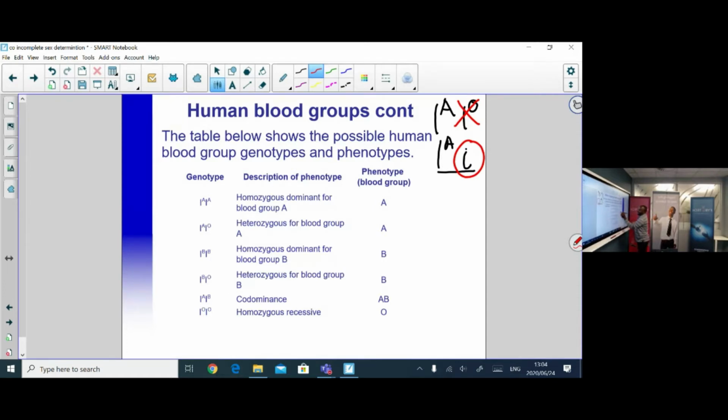Hence, I would need you here to take note to say I A and I. Same applies here, let's use I B and I. Same applies here, we put i and i for our homozygous recessive.